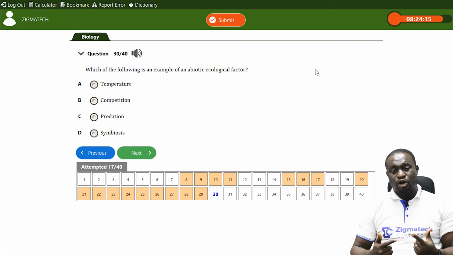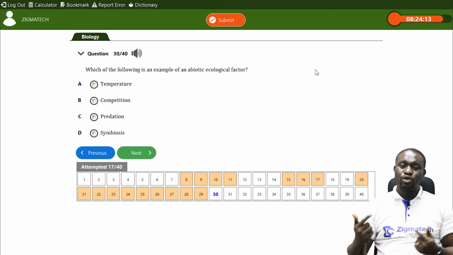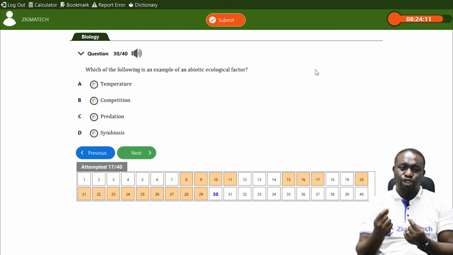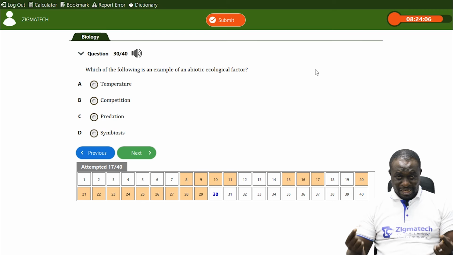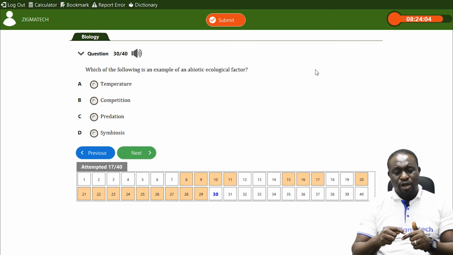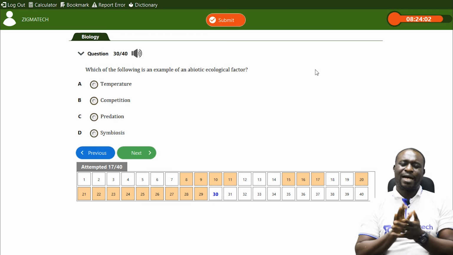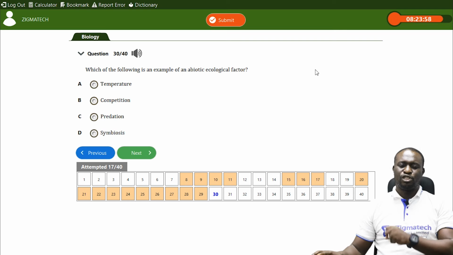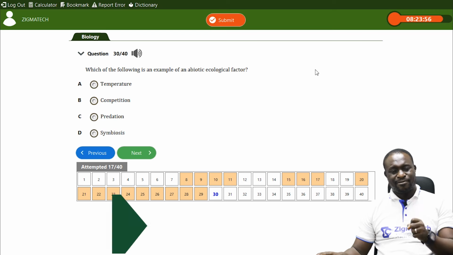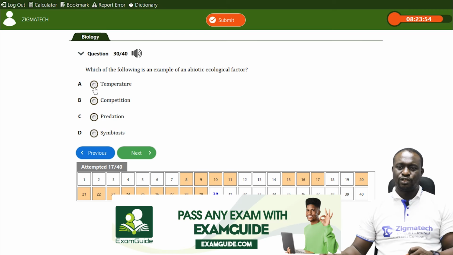Symbiosis is also a type of biological association in which two organisms benefit from each other mutually. So it also involves living organisms. The only one that has to do with abiotic factors is temperature, which is a climatic factor. So the correct answer to this question is A.